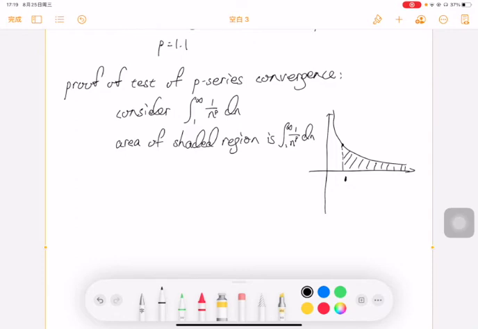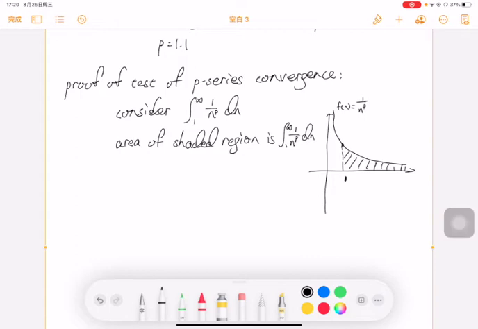Okay, now let's look at 1 over n to the p. Let's call this f of n equals 1 over n to the p. Now let's look at the sum of 1 over n to the p.